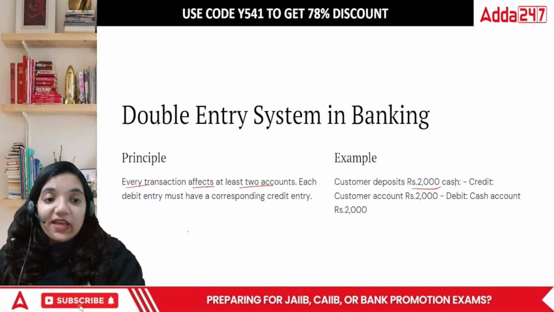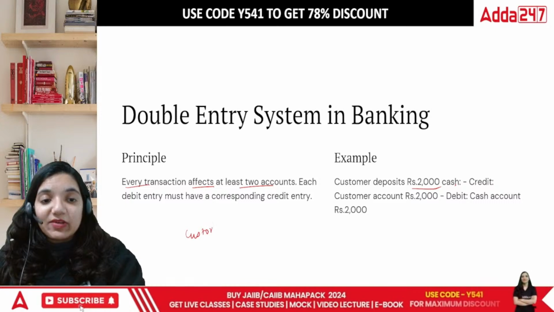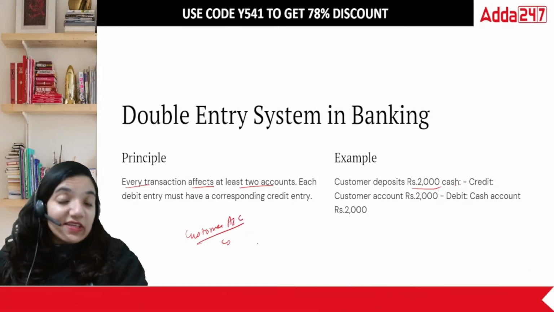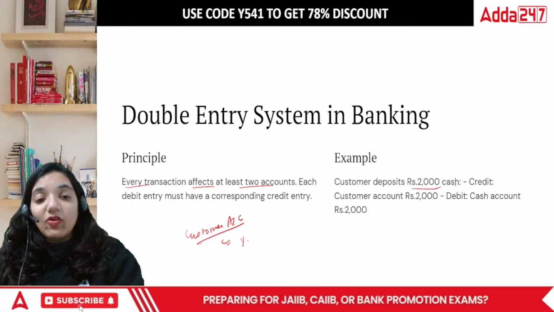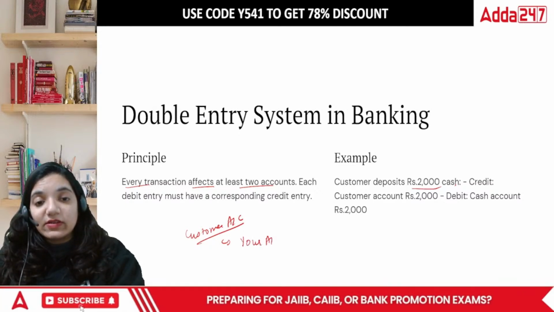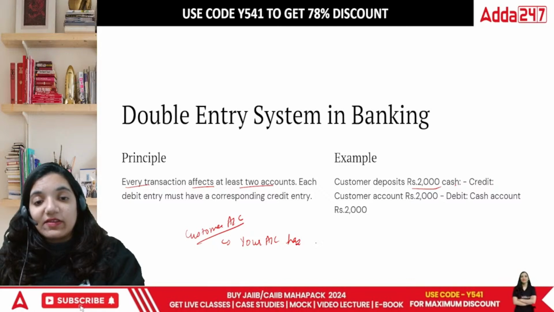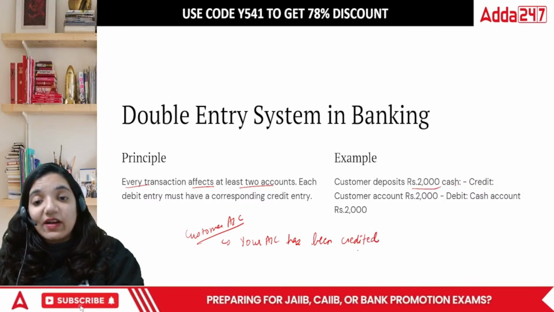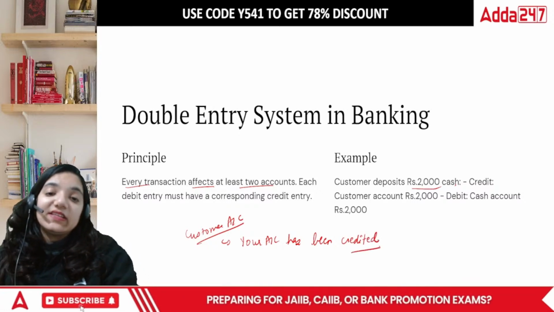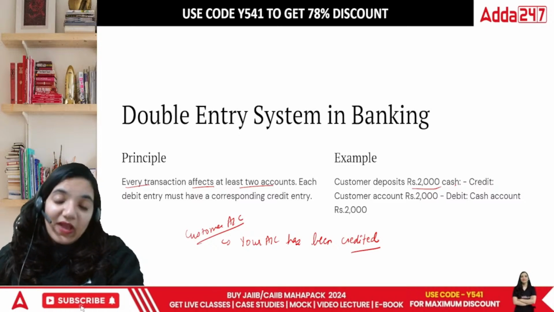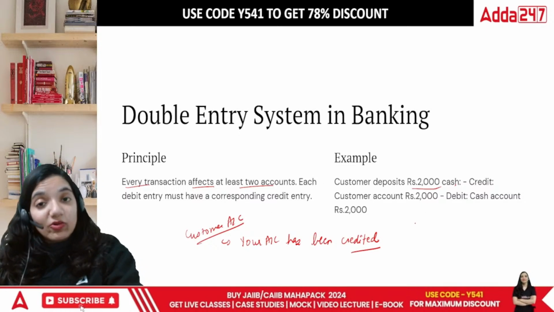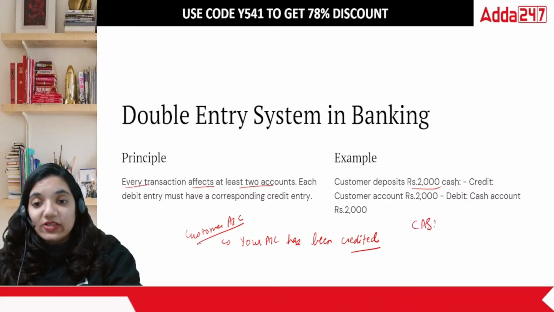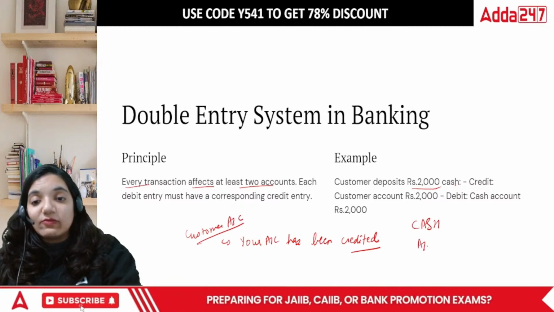So what do you see if you open the customer account? If I put money into my account, I receive a message that your account has been credited. This means that my account is being credited with that specific amount. There are two accounts involved in it: one is cash and the second is the customer account.